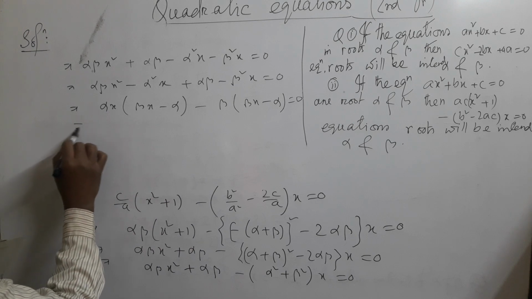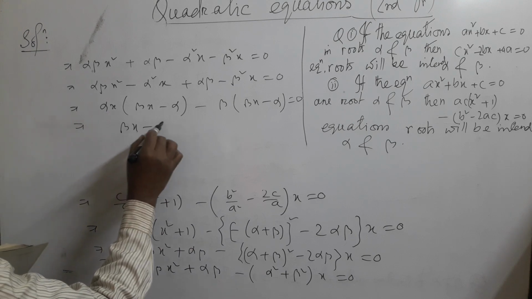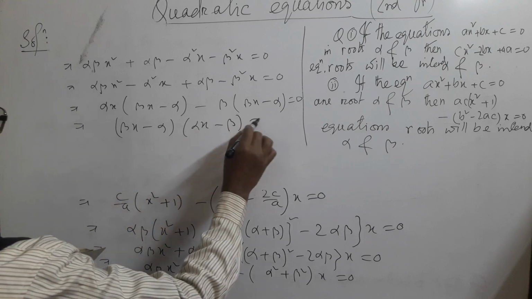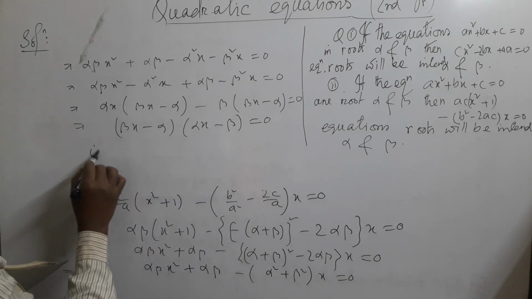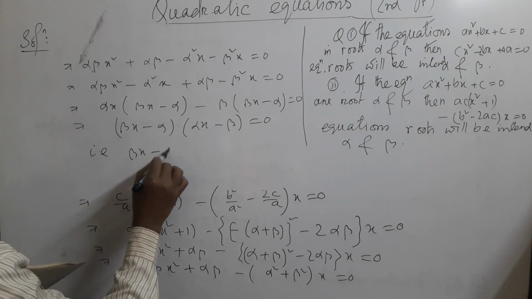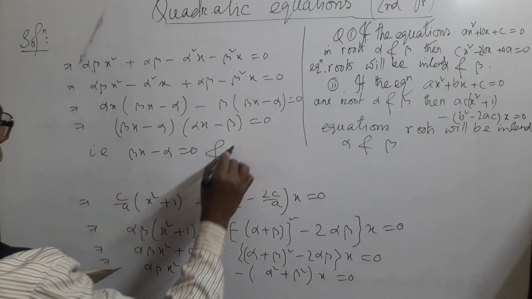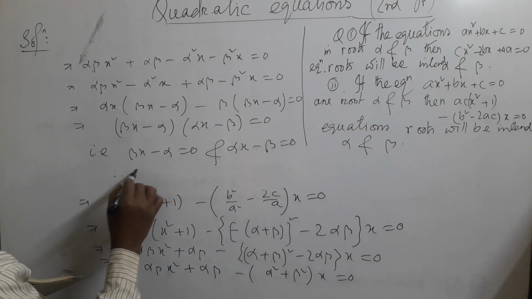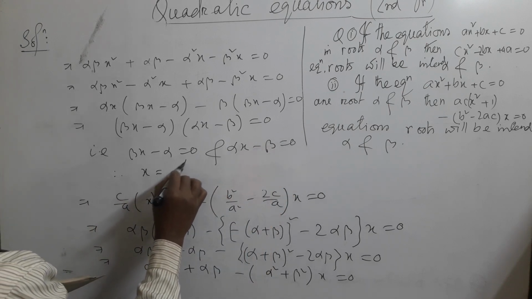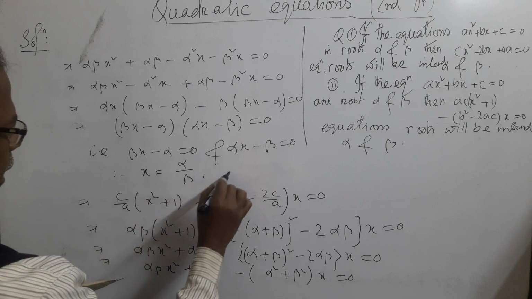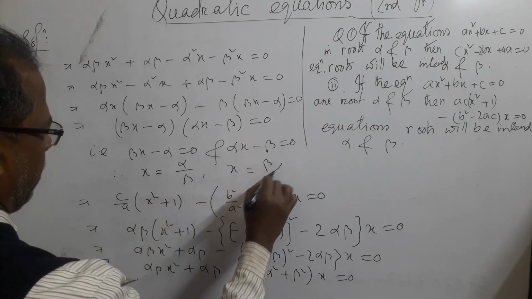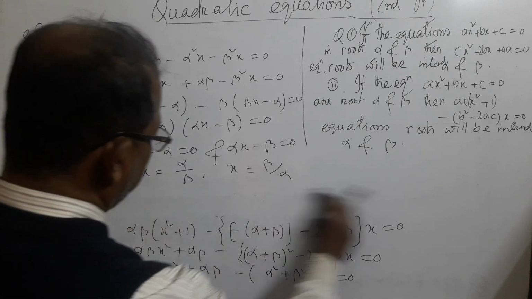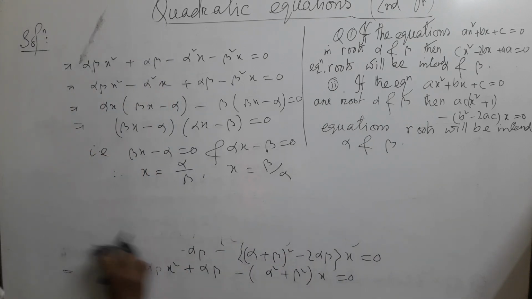So beta x minus alpha into alpha x minus beta equals 0. Hence beta x minus alpha equals 0 and alpha x minus beta equals 0, so x equals alpha by beta and x equals beta by alpha. So it is easy maths.